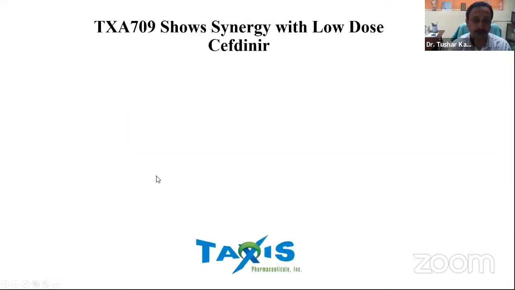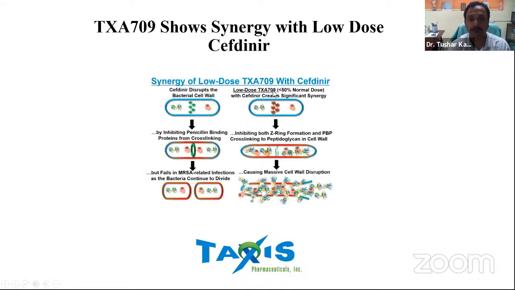Now this TXS709 was taken up by a company, Taxis Pharmaceutical. Later they proved that TXS709 is also synergistic with an available antibiotic, Cefdinir, and they showed that 50% of the normal dose of Cefdinir, when given along with TXS709, is quite effective to kill the bacteria.